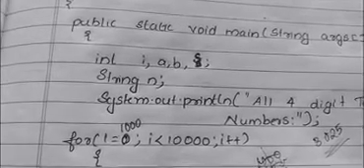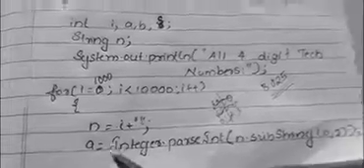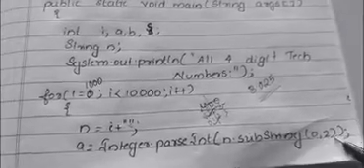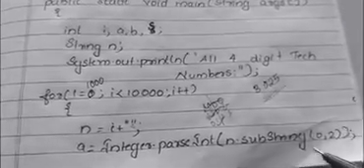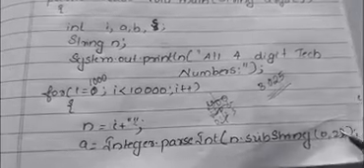Since it is a string, in order to extract a part of the string, we use the substring function. Here we are using a = Integer.parseInt(n.substring(0, 2)). By using this function, we can extract a part of the string ranging from 0 to 2.